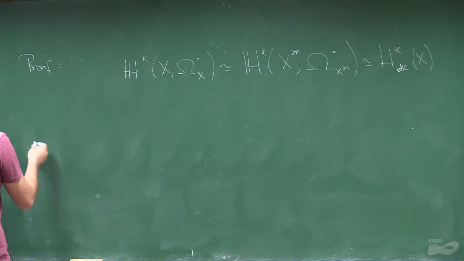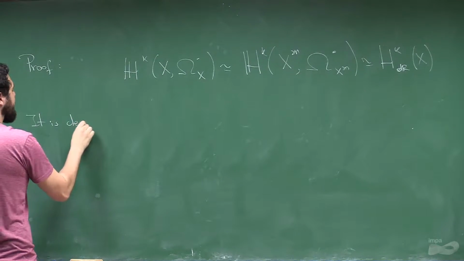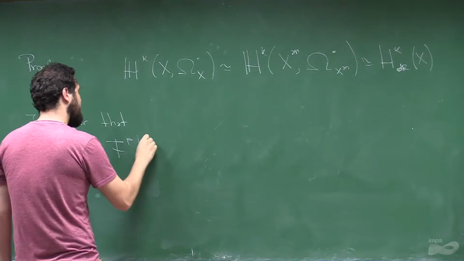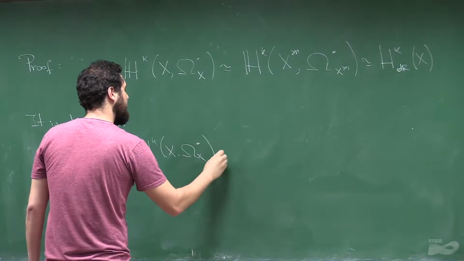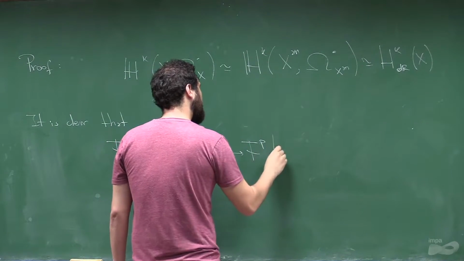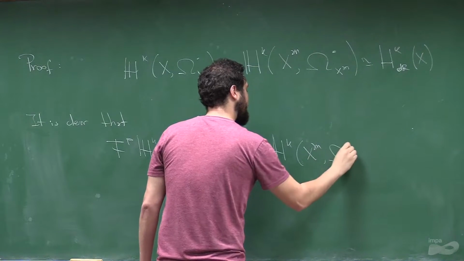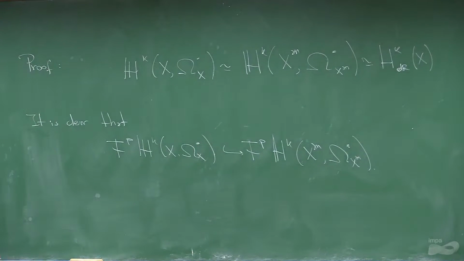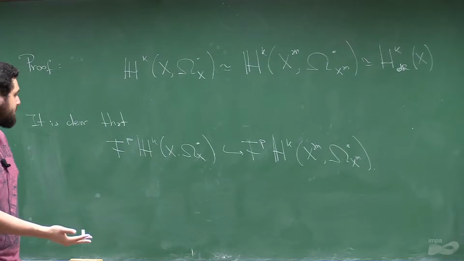It is clear that the naive filtration on the algebraic side goes to the naive filtration on the analytic side. So what we have to show is that this is an isomorphism, that this is surjective.